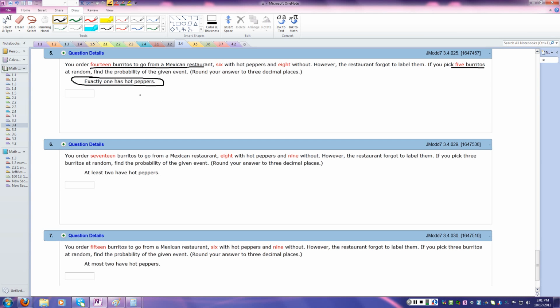So to find exactly 1 has hot peppers, 6 of them have hot peppers, so 6 choose 1, over 14 choose 5, since you're picking 5 of them.